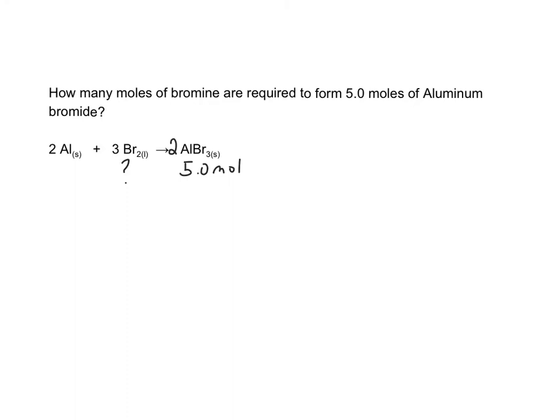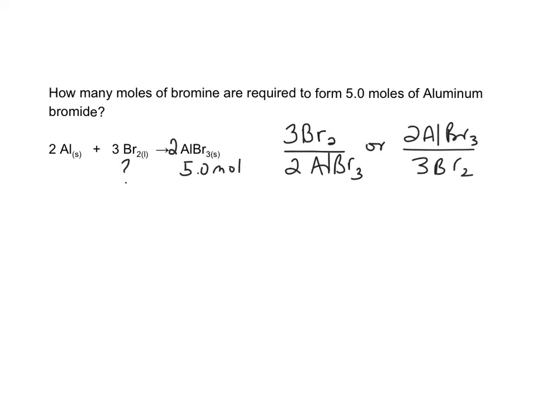There's a relationship between bromine and aluminum bromide. So you can either write 3 moles of bromine to 2 aluminum bromide, or 2 aluminum bromide for 3 Br2s. Same relationship, we've just inverted it.